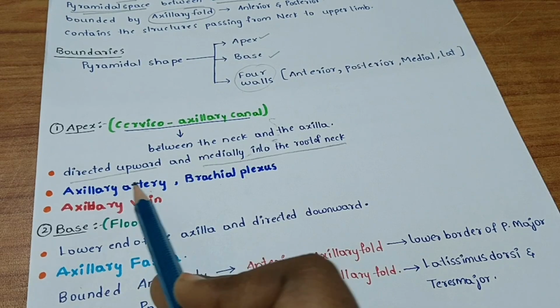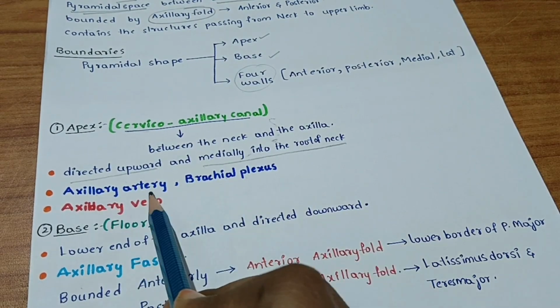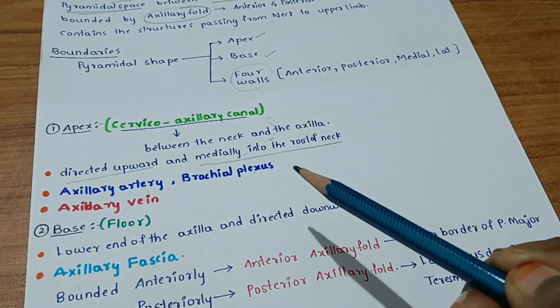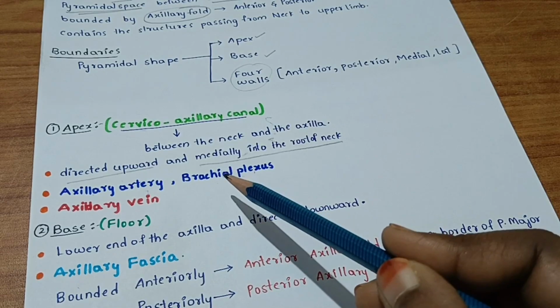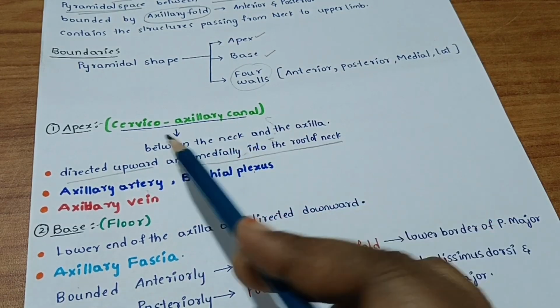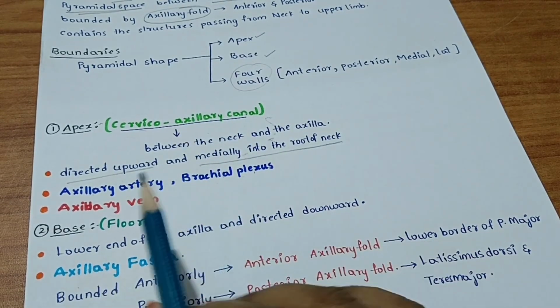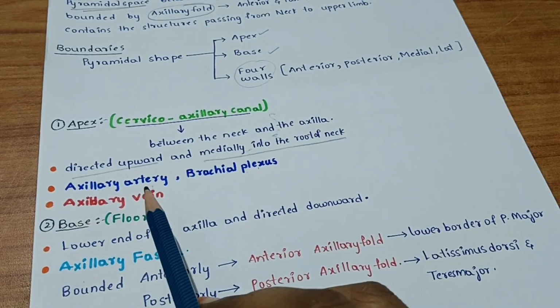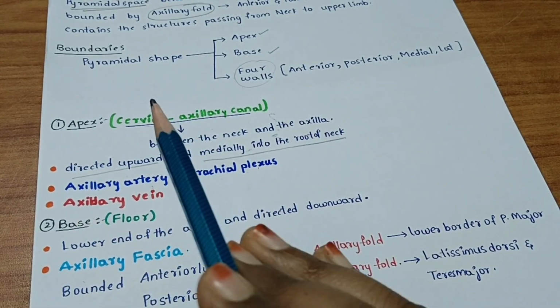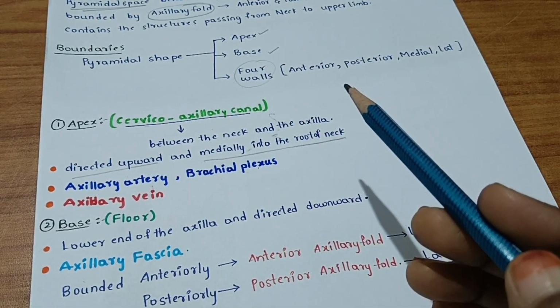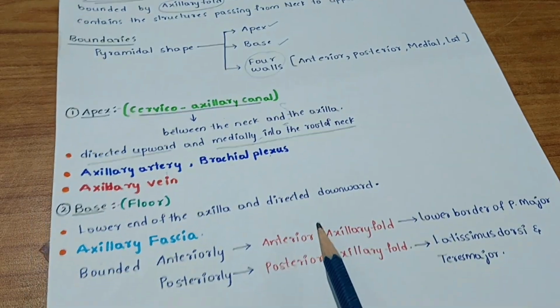These two structures are passed from the neck to the upper limb through the cervico-axillary canal, hence named. But the axillary vein runs from down to upwards, in the opposite direction to the axillary artery.